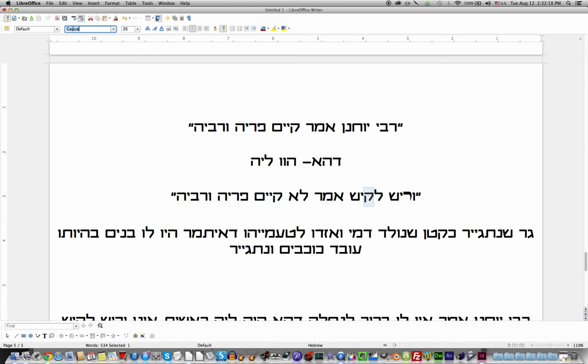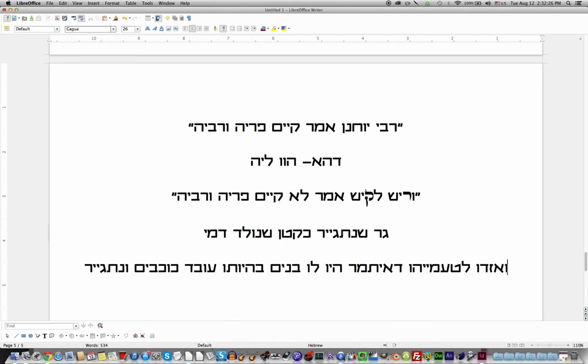Reish Lakish Amar Lo Kayam Pirya v'Rabbiya Ger shenitgayer kekatan shenolad dame. That a person, ger is a convert that converted. Interesting. Ish shenitgayer mebaile. It should say a person who converted. Ger shenitgayer. A convert who converted.